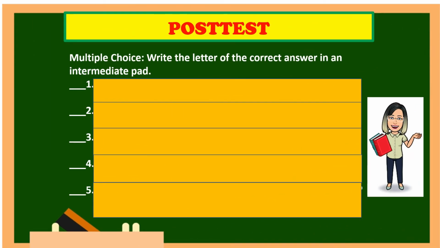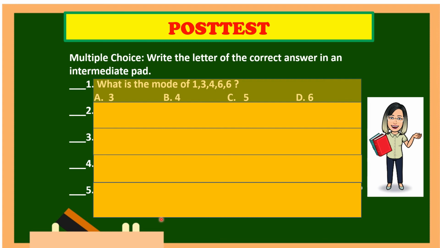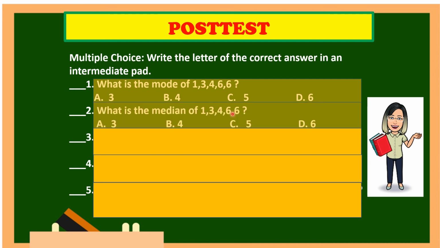Multiple choice. Write the letter of the correct answer in your notebook. Number 1. What is the mode of 1, 3, 4, 6, 6? Letter A, 3. Letter B, 4. Letter C, 5. Letter D, 6. Number 2.